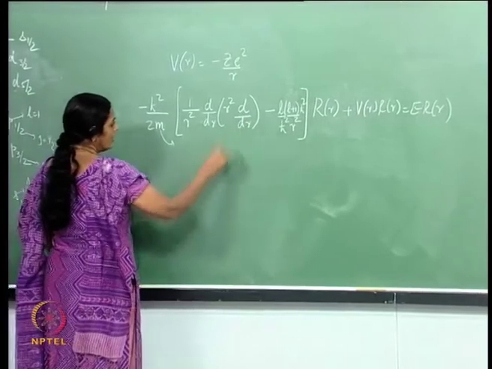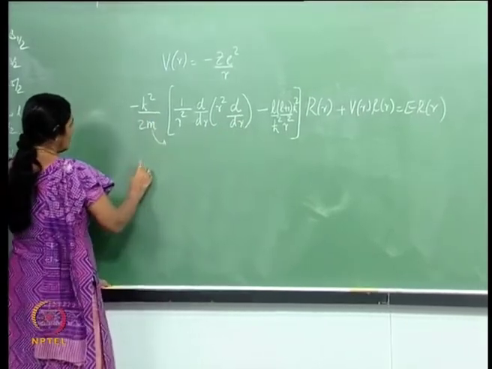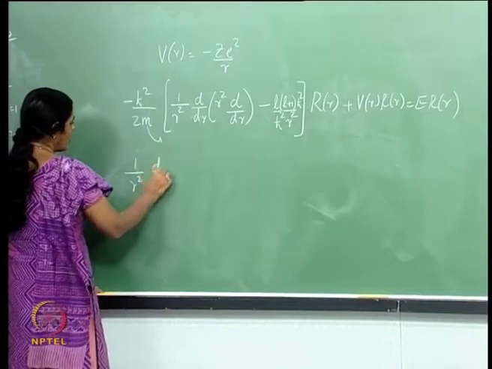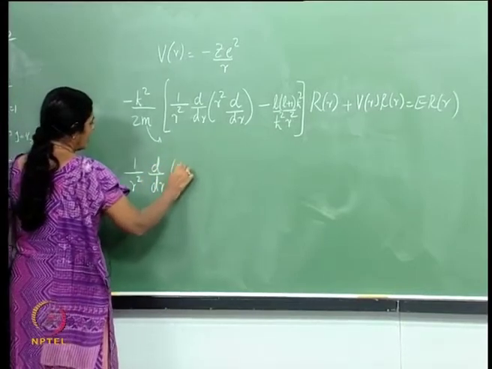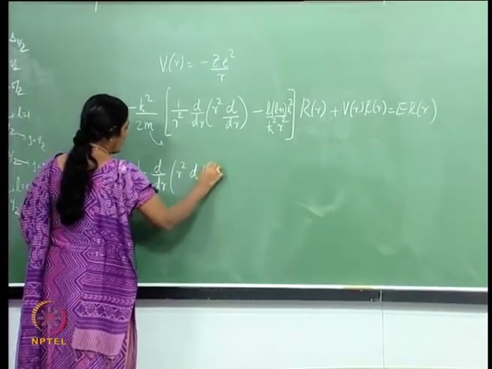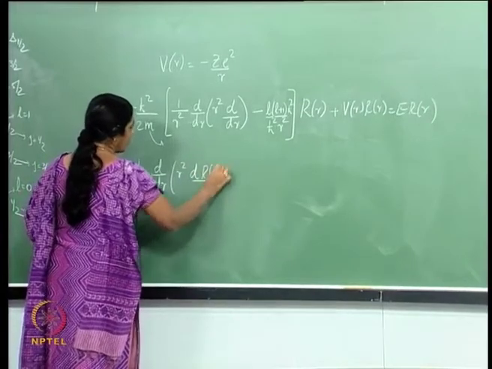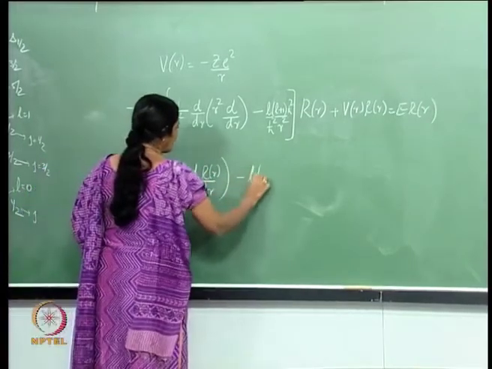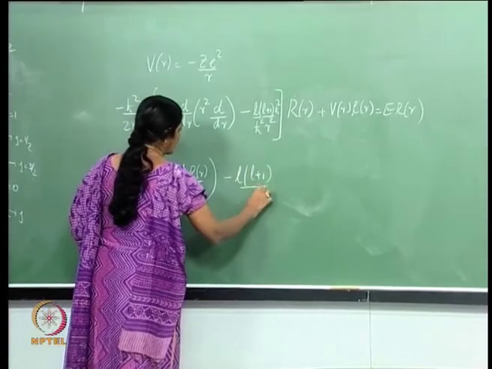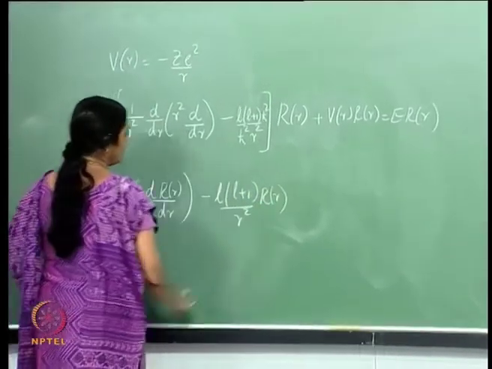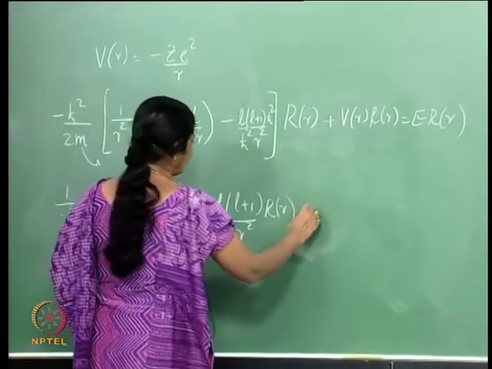Now suppose I multiply the whole thing by 2m by h cross squared. So I have 1 by r squared d by dr of r squared dR of r by dr. That's the first term, minus l times l plus 1 by r squared R of r. That's the second term.